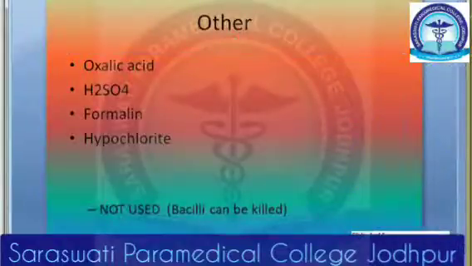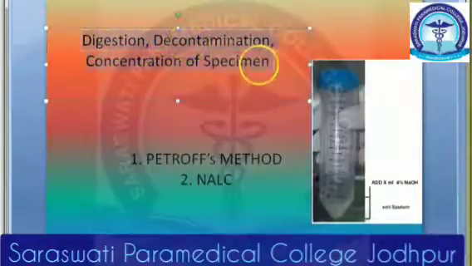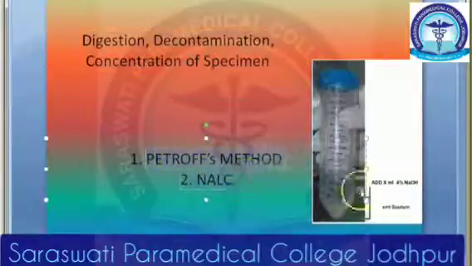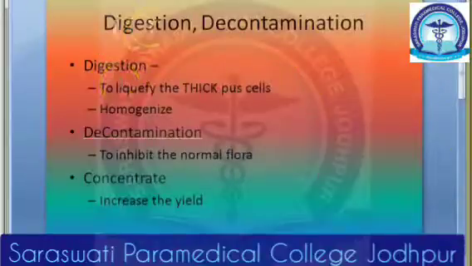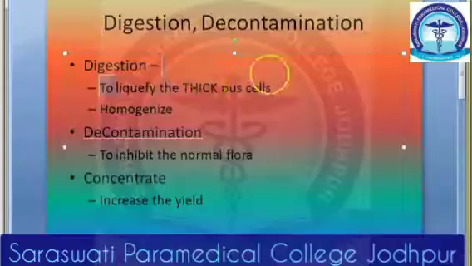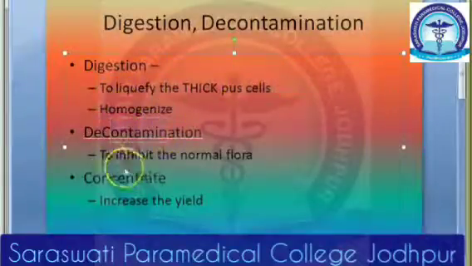So shall we revise now what we saw till now? Digestion, decontamination, concentration of specimen. There are two important methods, Petrov method and NaLC method, you can use either one of them. The main thing we want to do is digest. We want to liquefy thick pus cells. We want to homogenize the sputum.